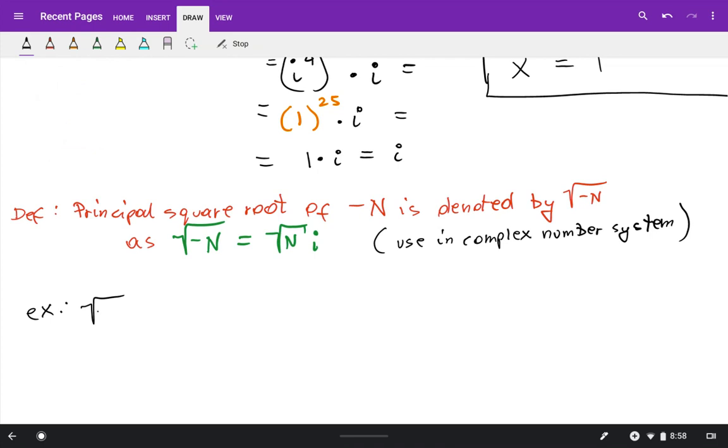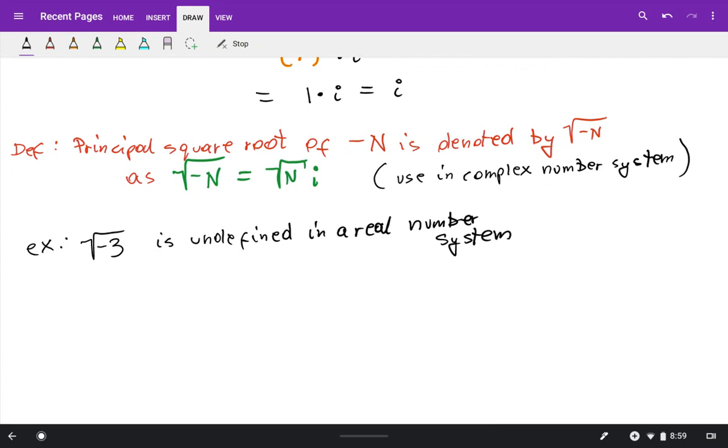Square root of negative 3 in a real number system is undefined. However, in complex number system, let me just explain it.